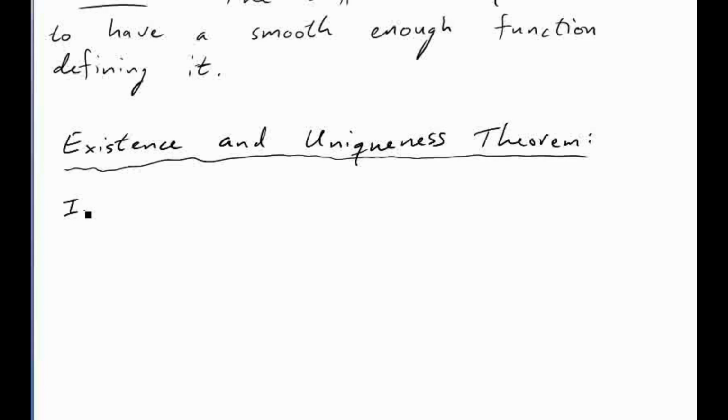So here are the ingredients. First off, let's say that we have the initial condition y of t naught equals y naught. So this is the initial condition.